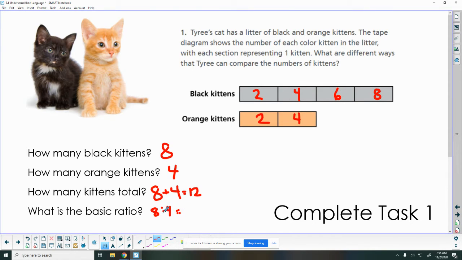When I do a double colon, that's like an equal sign. So 8 and 4 have a greatest common factor of 4. 8 divided by 4 is 2. 4 divided by 4 is 1. So because they have the same number of sections, it simplifies down to the same thing. Every time we have 1 orange kitten, we have 2 black ones.